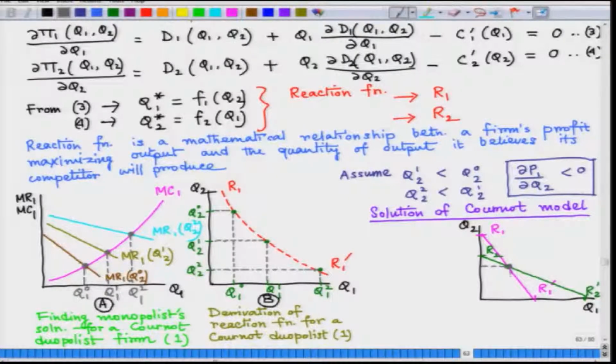So, I call this Q1C the profit maximizing equilibrium output level of duopolist 1, and Q2C the profit maximizing output level of duopolist 2, and C denotes basically the Cournot model. Okay. So, basically this intersection point is my Cournot equilibrium.